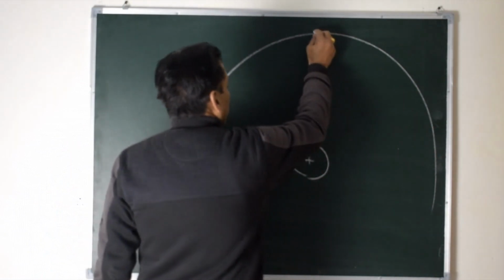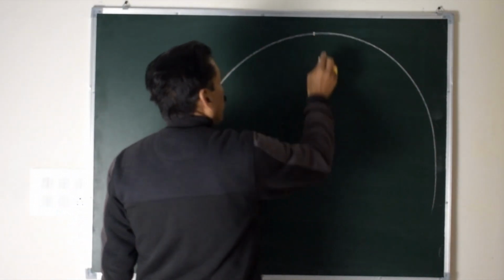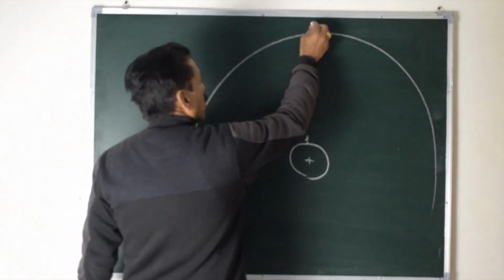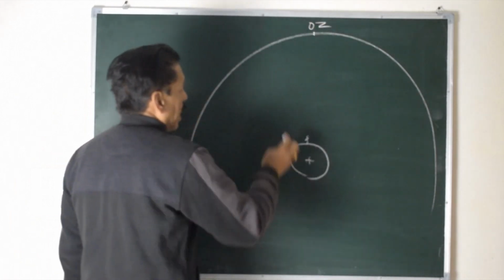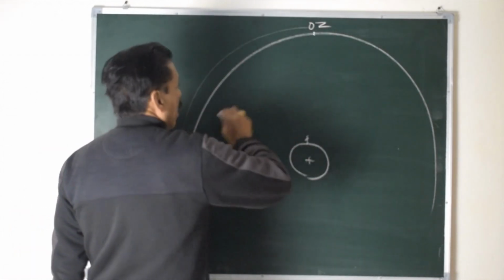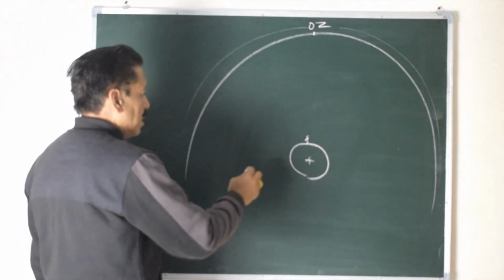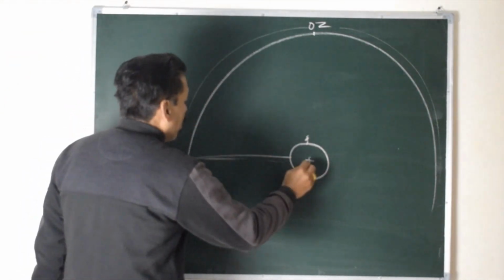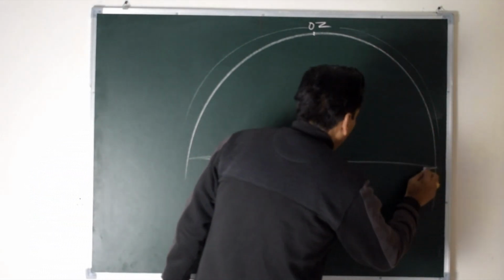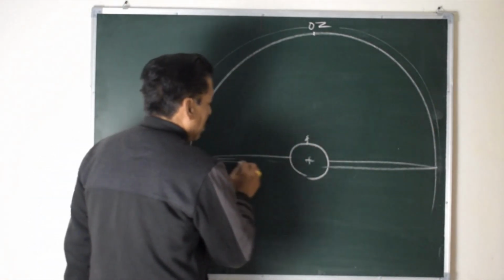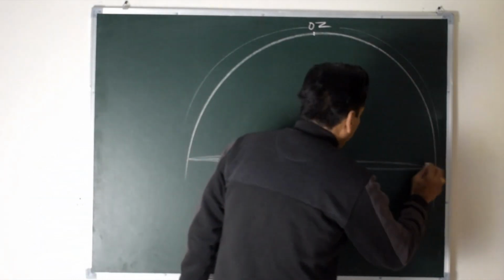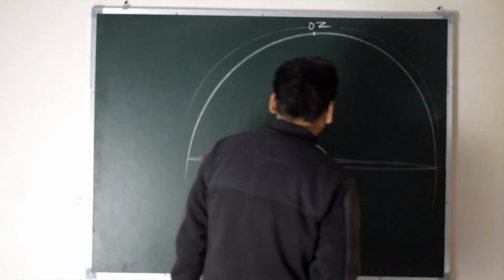If I take a point vertically above the observer, this is the observer's zenith, and from the observer's zenith, everywhere 90 degrees off on the celestial sphere, there is a great circle which will be called the observer's rational horizon. So this is the observer's rational horizon.